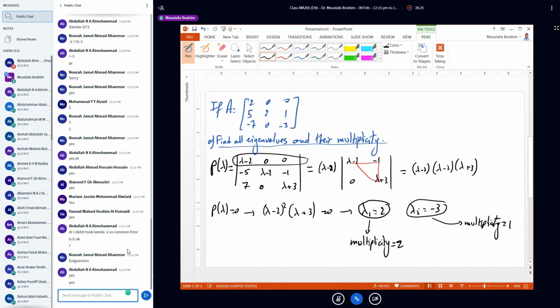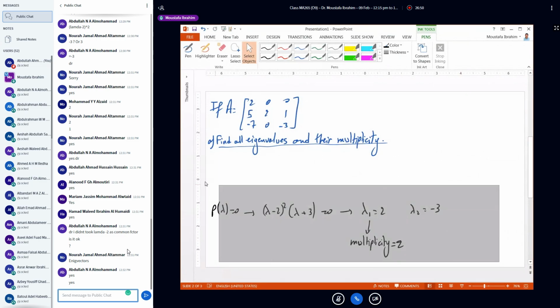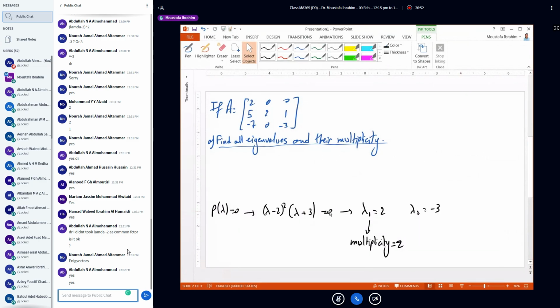You have to know. Since we have only 2 eigenvalues, we don't know if it's diagonalizable or not. So we have to find all eigenvectors. If we have 3 linearly independent eigenvectors, it means it's diagonalizable, right? If the eigenvectors form a basis, it means diagonalizable.